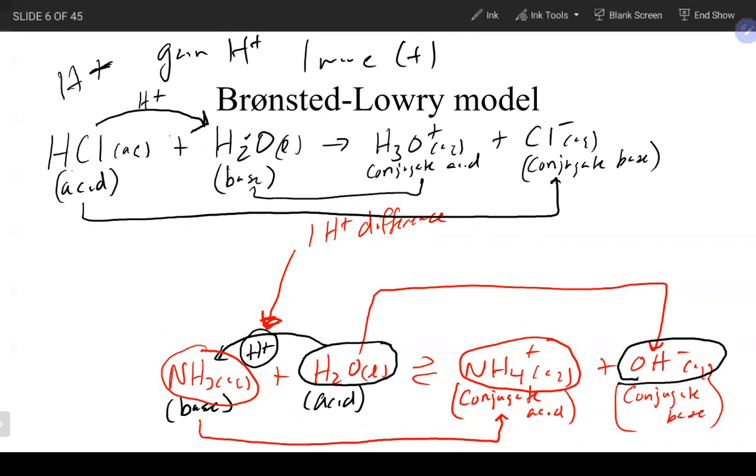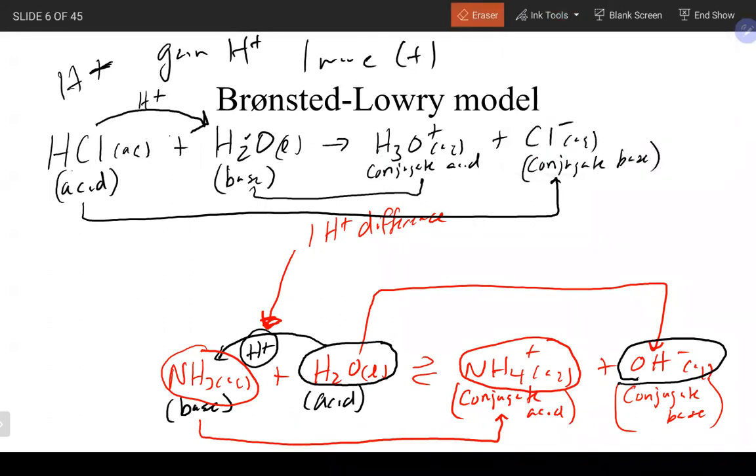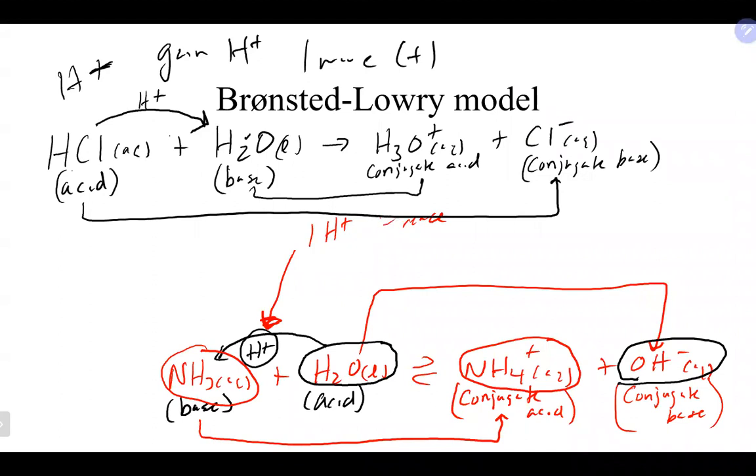Now, we talked about earlier that H plus and H3O plus are interchangeable. And really what we're looking at here, in this reaction I just wrote, is the dissociation of a strong acid. Basically, the strong acid is breaking apart in solution.